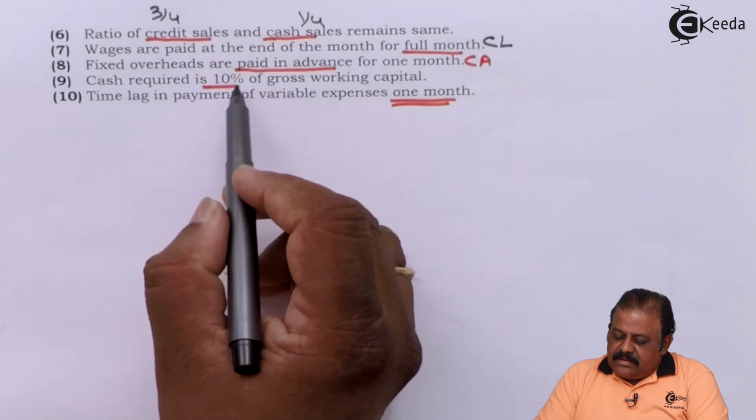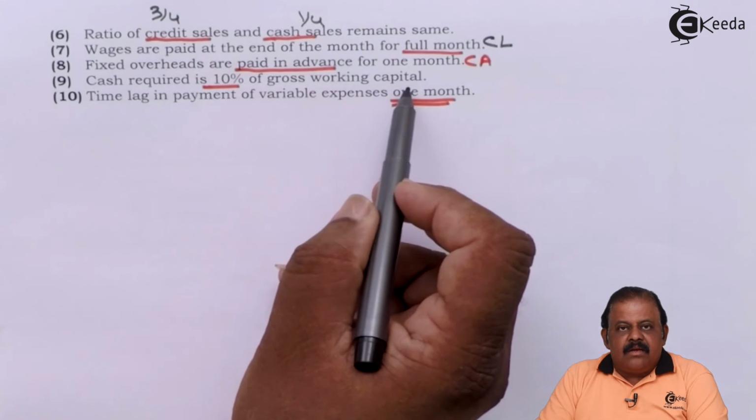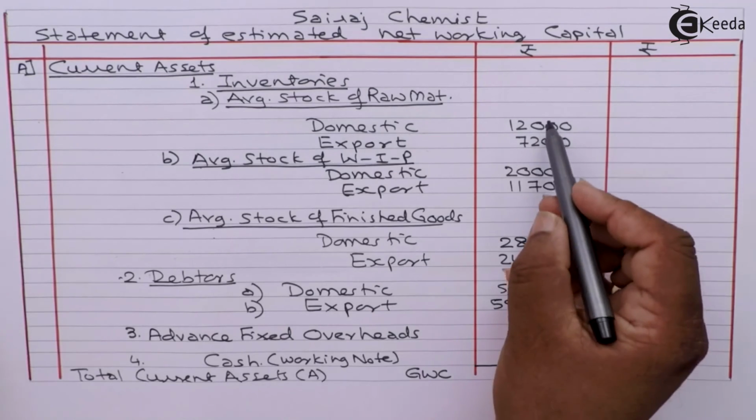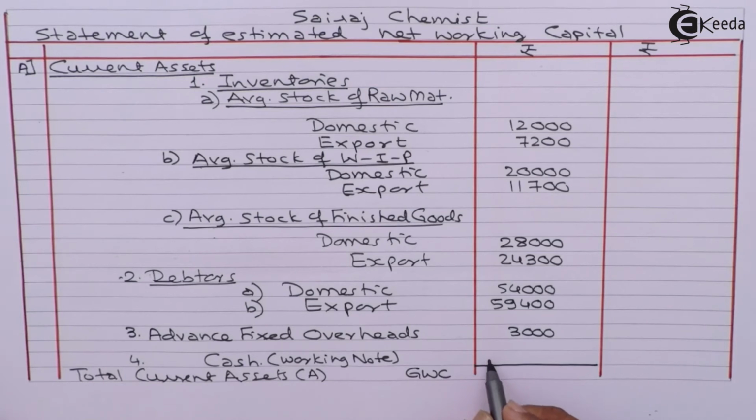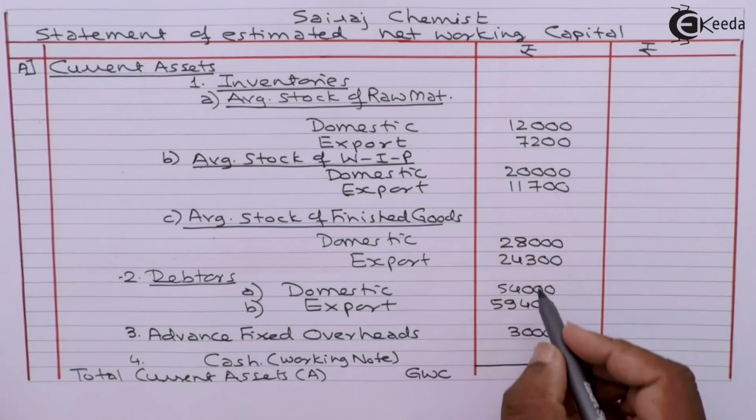Cash required is 10% of gross working capital. After adding all current assets, here we get gross working capital. Of that gross working capital, we need 10% as cash balance. Total current asset is equal to gross working capital. We are required to take 10% of that amount as cash. Let us first calculate all these values.